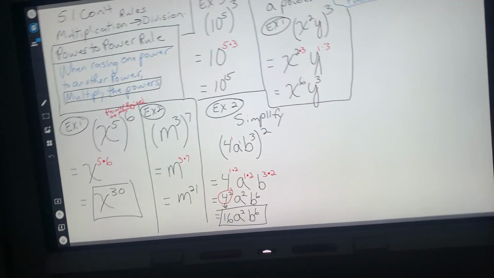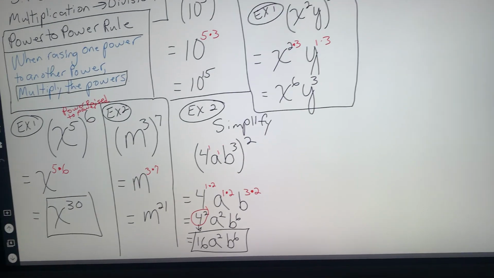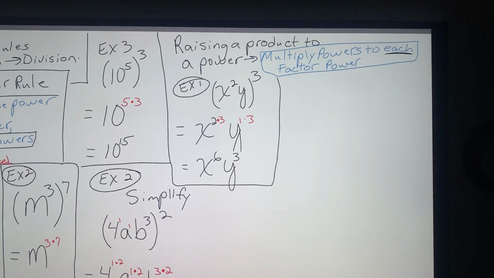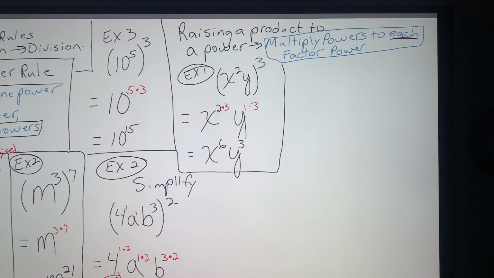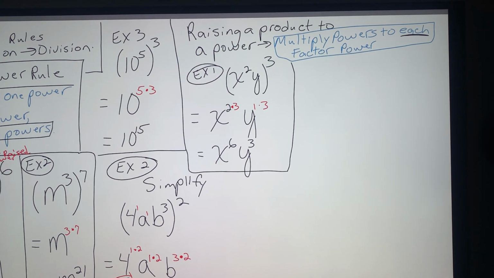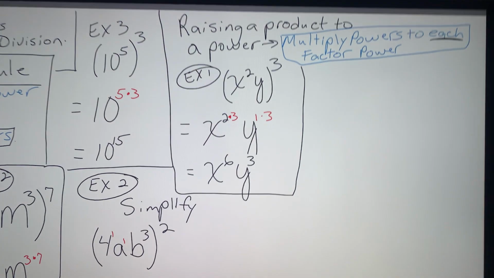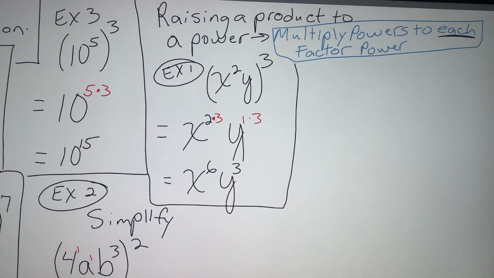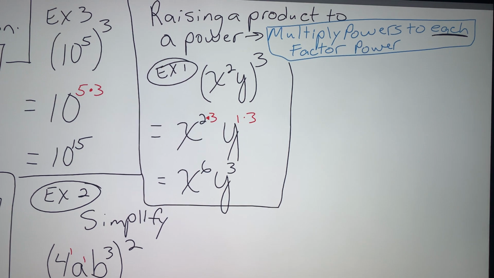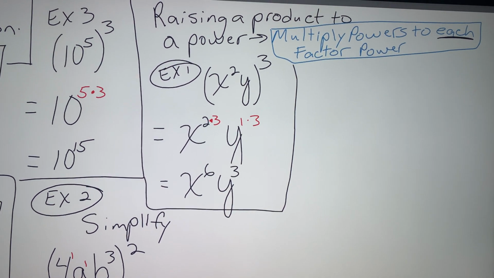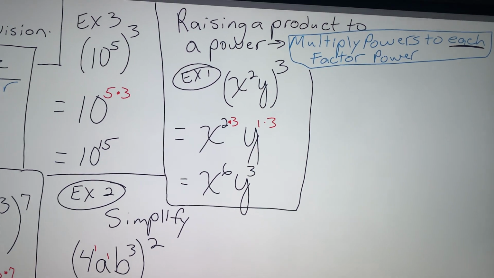And the example where we have x to the second power times y, and that's enclosed inside of parentheses, and that quantity, that product is being raised to the third power.